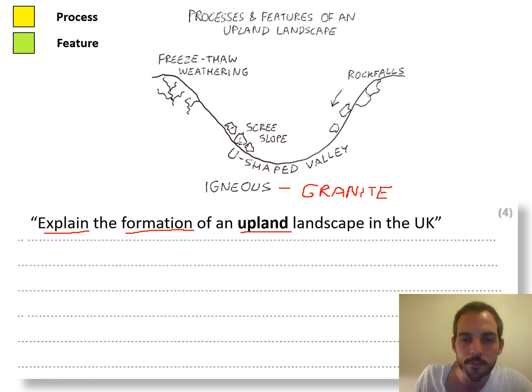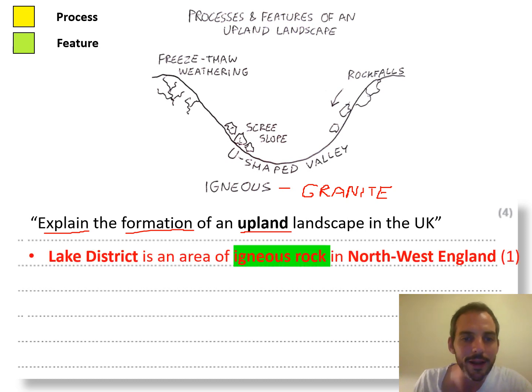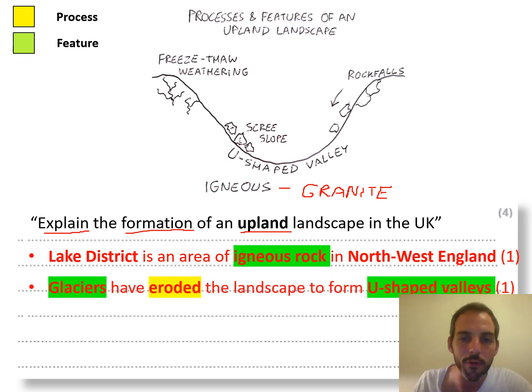Here's the answer. We wanted to say the Lake District is an area of igneous rock in northwest England. Glaciers have eroded the landscape to form U-shaped valleys. You will notice that I didn't include glaciers on here. And obviously that was the feature that has eroded the landscape. The only reason I didn't include it is because the glaciers have disappeared and they're no longer there.